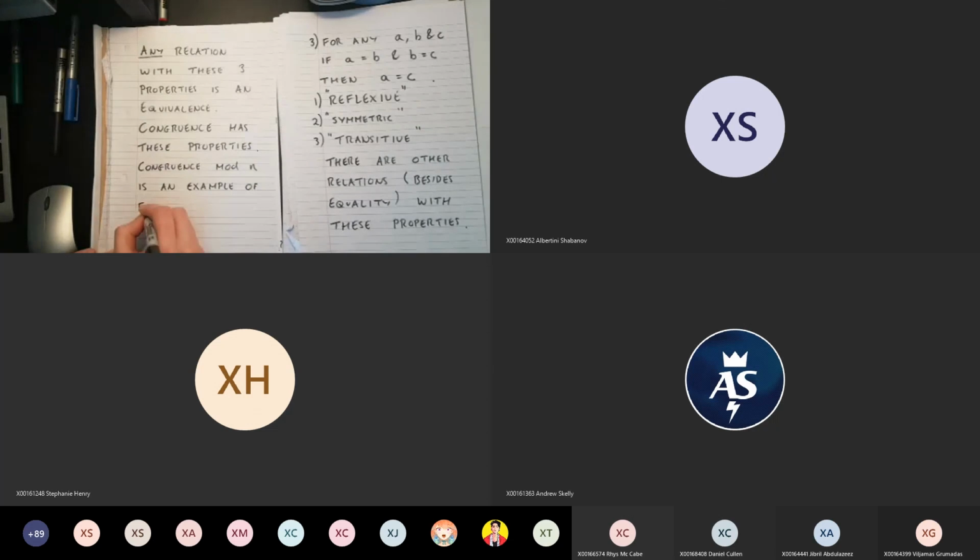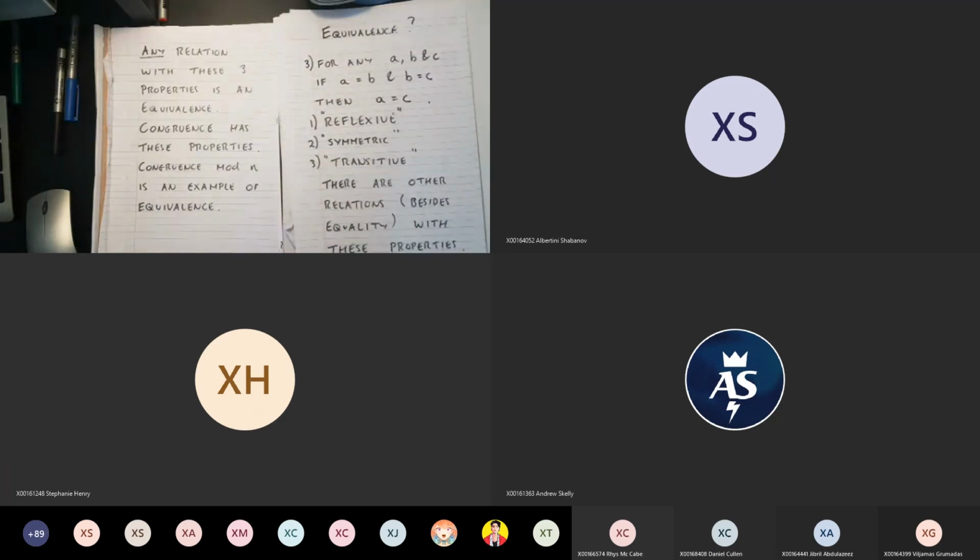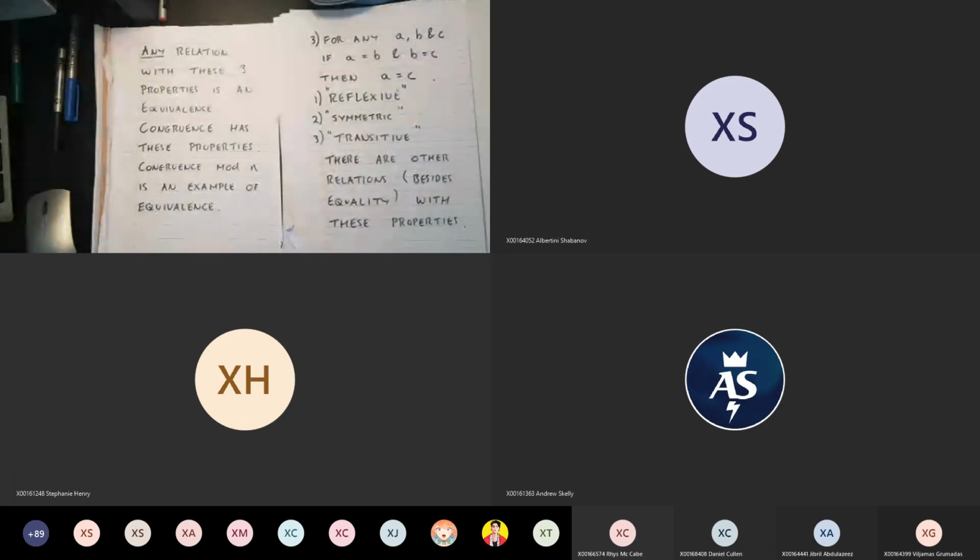And I'll prove that to you all. But for the moment, what I'm going to show you is that because these three important properties of equality are upheld, I can treat equivalence as being like equality in a lot of cases, but I have to be careful about where they are not the same thing.